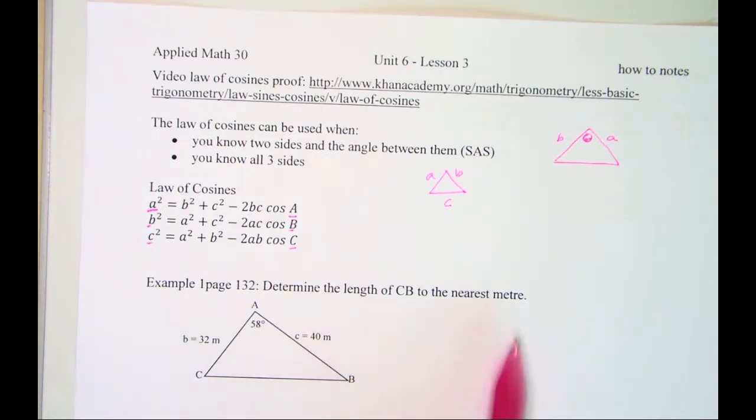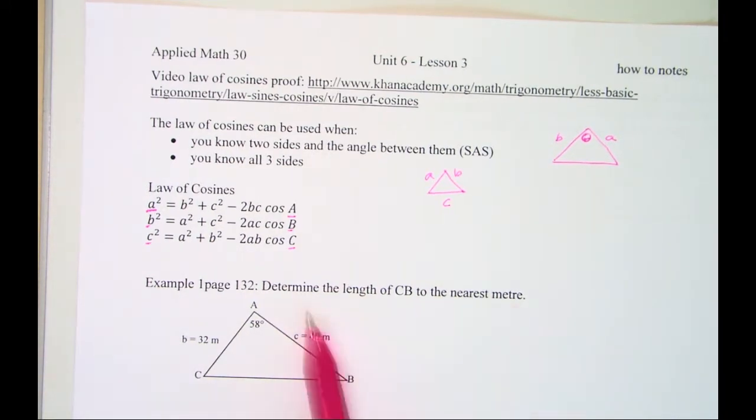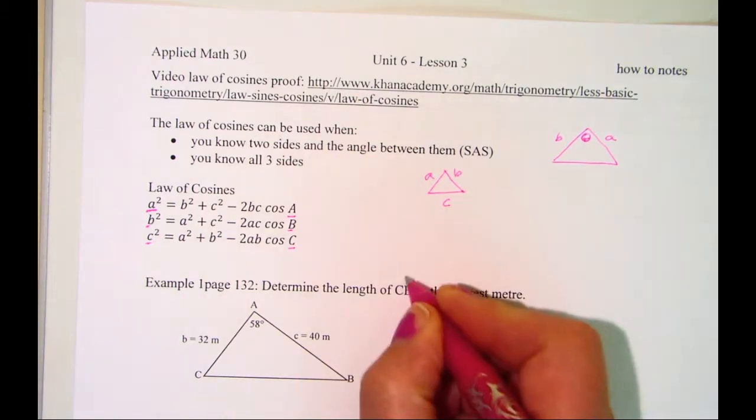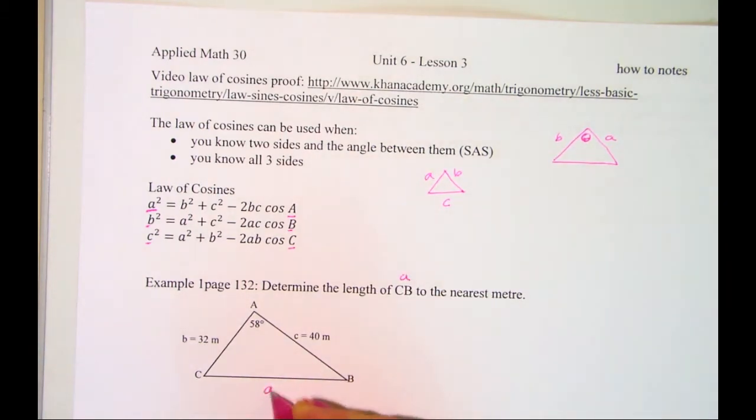Here we're given a triangle, and it says determine the length of CB, another name for which is side A, to the nearest meter. They gave us the two sides and the angle.